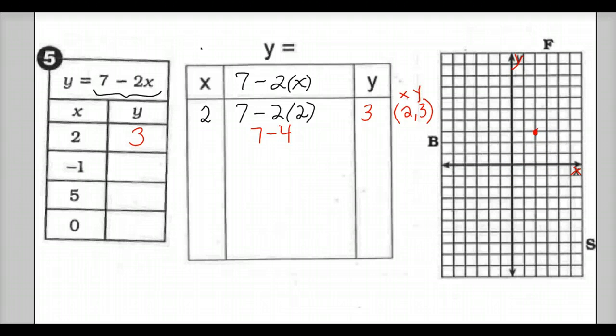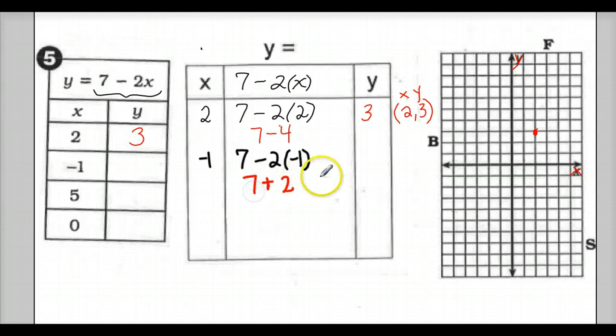All right, so let's move on to our second x value, which is negative 1. So we are going to substitute negative 1 in for x. So we do 7 minus 2 times negative 1. Now if we switch our colors to show our work, negative 2 times negative 1 is positive 2, so we're going to change that to a plus 2.